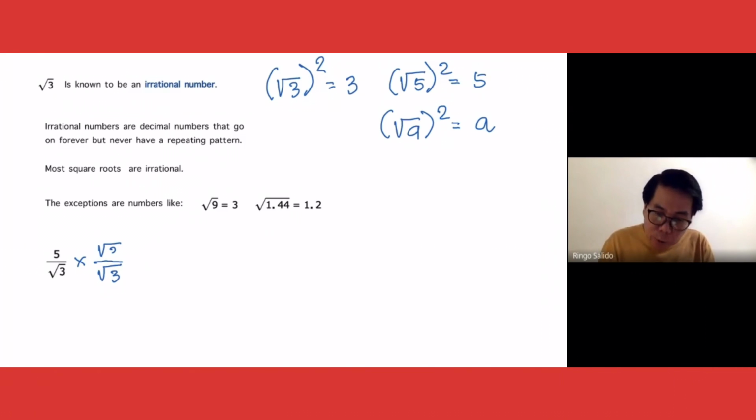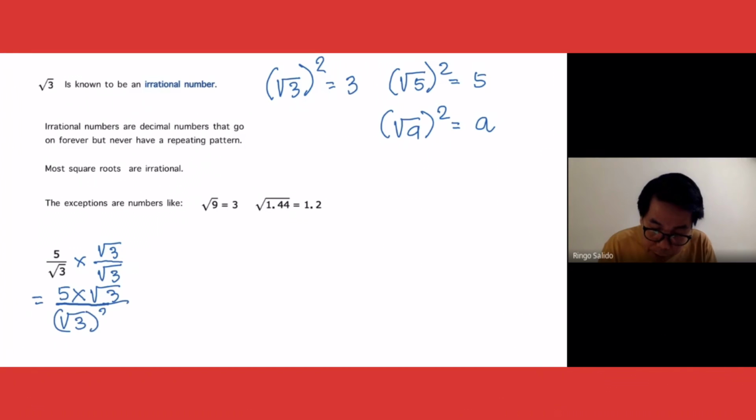Now, let's continue. If we multiply the numerator, this is 5 times root of 3 over the denominator, root of 3 times root of 3, or root of 3 squared.